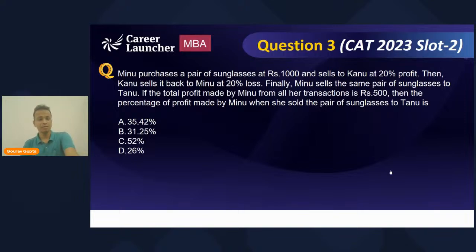Now, I've mentioned that this one is easy. So please quickly make the direction in which you'll be going in this question. Write Minu, and then she's selling it to Kanu, and then back to Minu, and then Tanu.